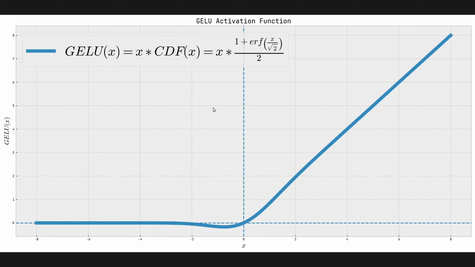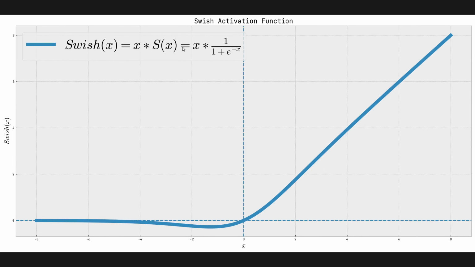Speaking of formulas, it's x times s of x for Swish, and for GELU it's x times CDF of x. So they're also kind of similar. We multiply x by some function in both cases, and we basically scale x by something.